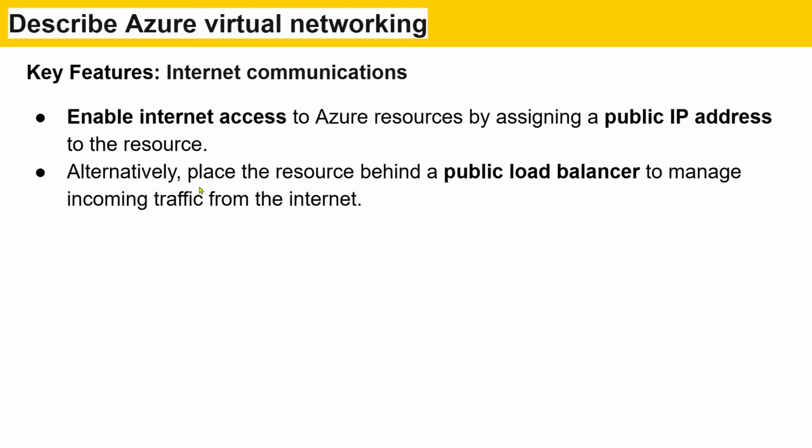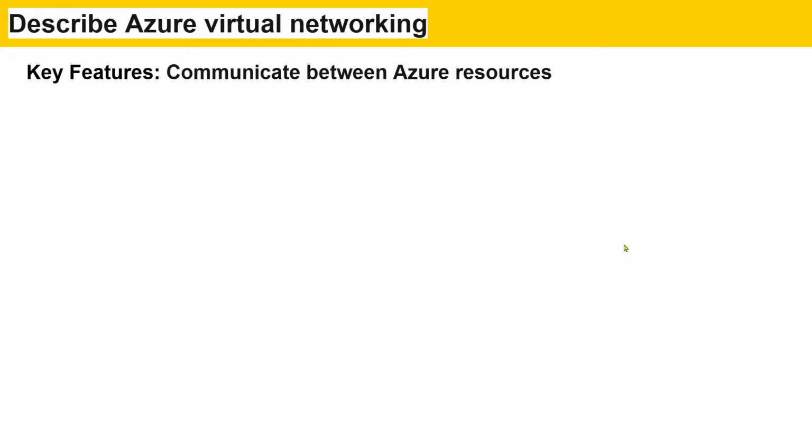You can alternatively place the resources behind a public load balancer. Now, what is a public load balancer? All these elements you will learn, okay? But right now, just take it as a term. Load balancer will balance the load of the traffic coming from the internet to manage incoming traffic from the internet. Let's see some other key features quickly.